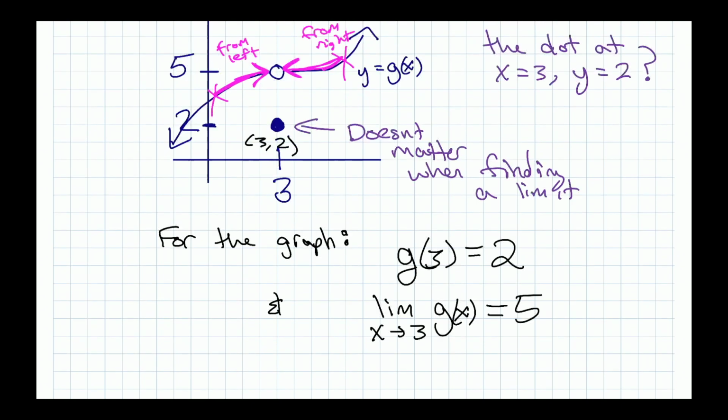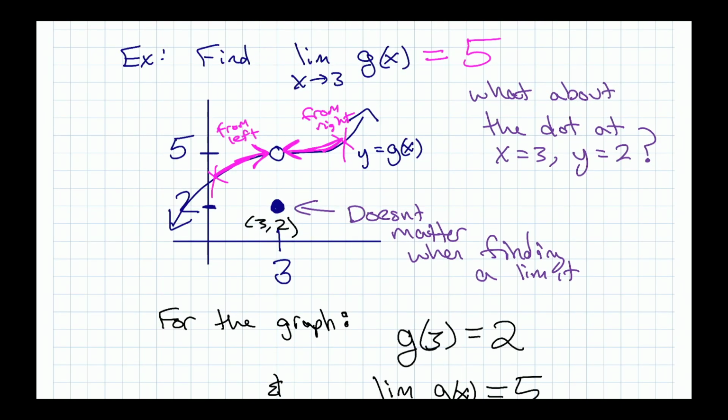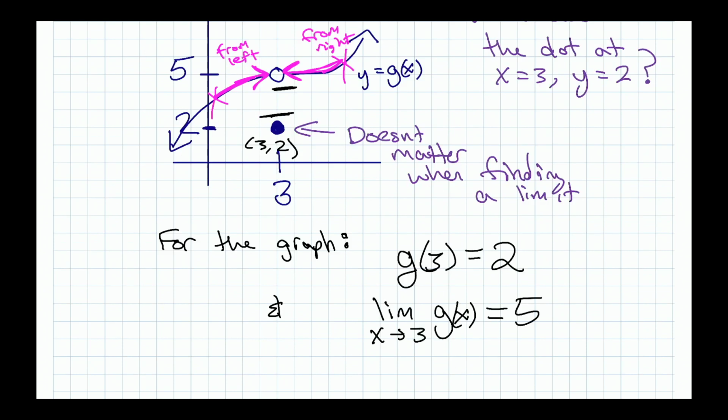Okay, so you can have a limit, the limit's up here, but the function value's down here. All right, so a limit and a function value are different things. In order to get the limit, you actually have to trace the graph the way I did with those pink lines. Okay, and that's how you get a limit from a graph. It's pretty easy.